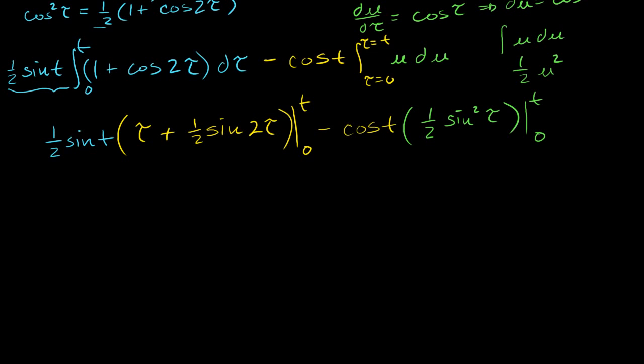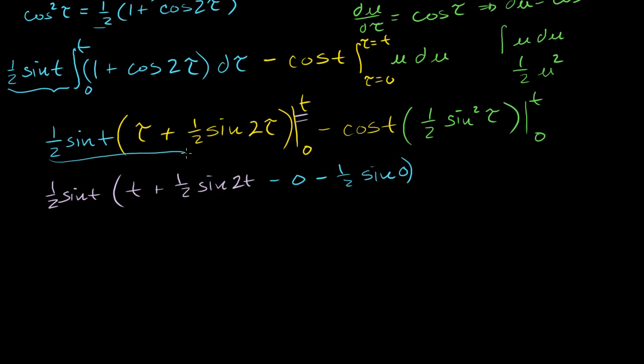And so we get 1/2 sine of t. Now, if I evaluate this thing at t, what do I get? I get t plus 1/2 sine of 2t. That's when I evaluated it at t. And then from that, I need to subtract it evaluated at 0. So minus 0 minus 1/2 sine of 2 times 0, which is just sine of 0, right?